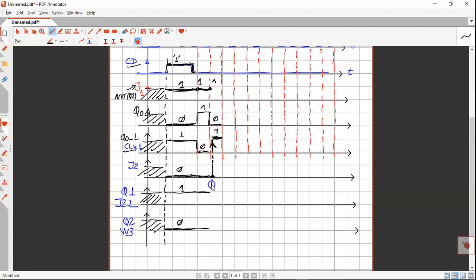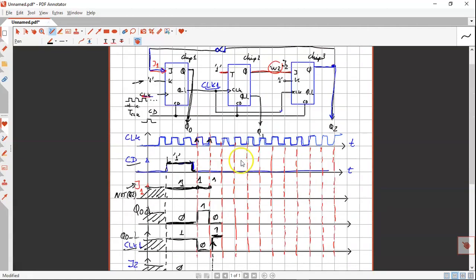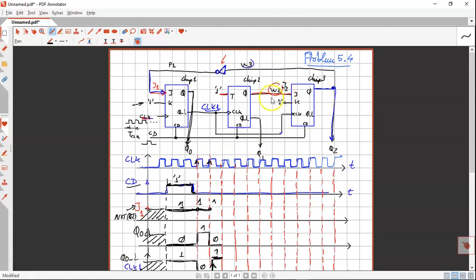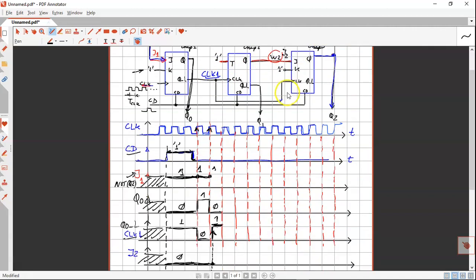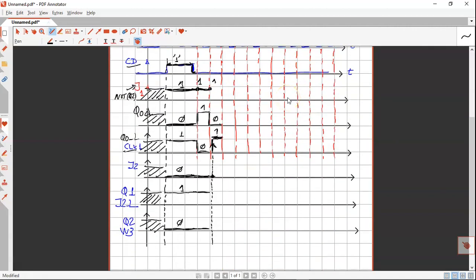So you see now you have a vertical line which is right to draw, because now it is when you are sampling the J2, and what else? You are sampling the T, but the T is always 1, so it's not necessary to be representative. You know what happens here when the T is 1. So if you've got a rising edge in the clock 1 and T happens to be 1, the J2 will switch, which is what happens here.